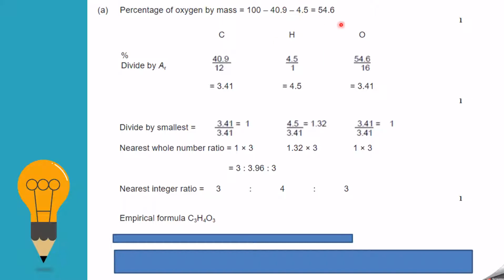And if you worked out the percentage mass for oxygen, that would also give you another mark. And then to get the other mark, you would want the final ratio, which was 3 to 4 to 3. And so the empirical formula was C3H4O3.